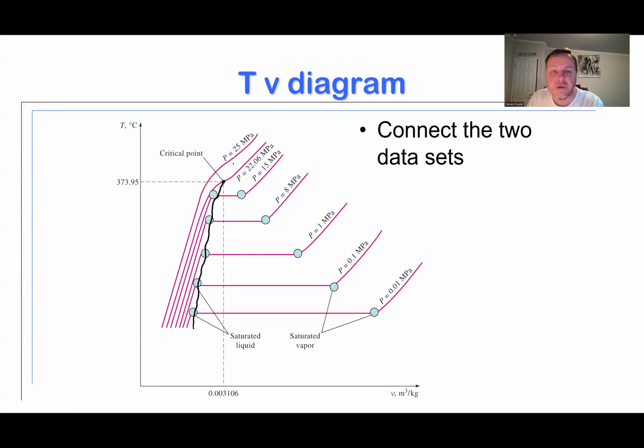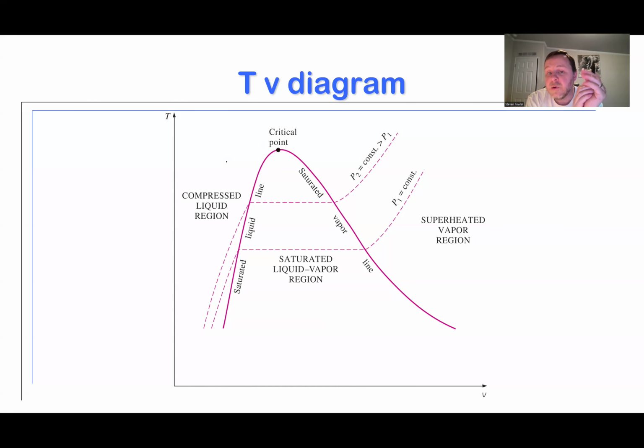We get this dome region. That dome region has a name. That dome region is what we call the saturated mixture dome or the saturated dome. Everything under the dome is a mixture of saturated liquid and saturated vapor. If you're on the right-hand side of the dome, right on that line is purely saturated vapor.